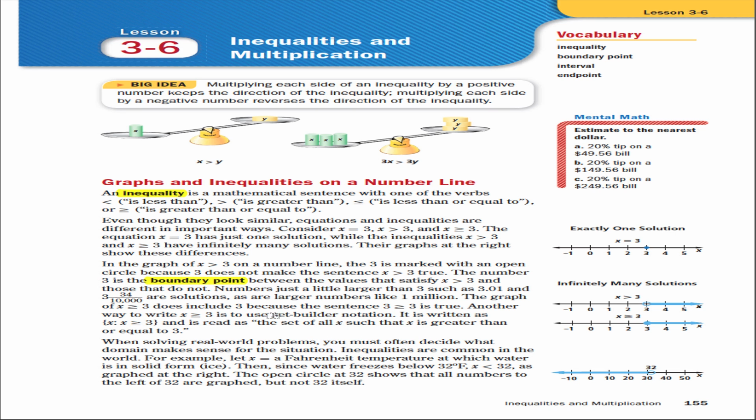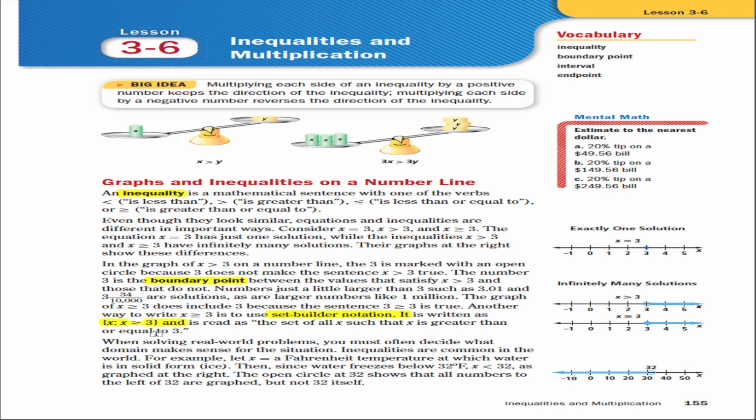Something that's not really highlighted, but I believe you're going to need to know, is this idea of set builder notation. Set builder notation is written like this right here, in brackets. It's the set of x such that x is greater than or equal to 3.